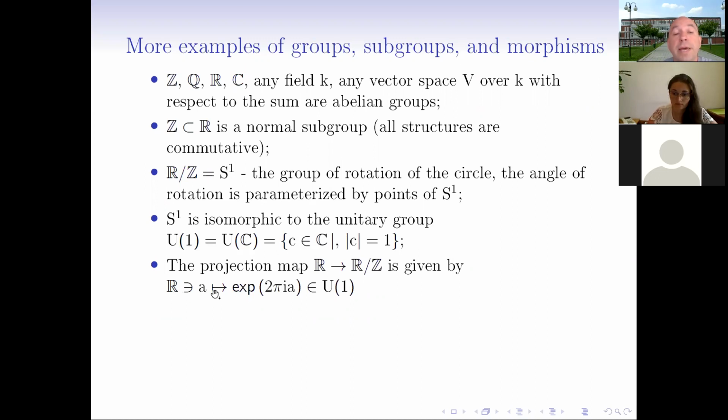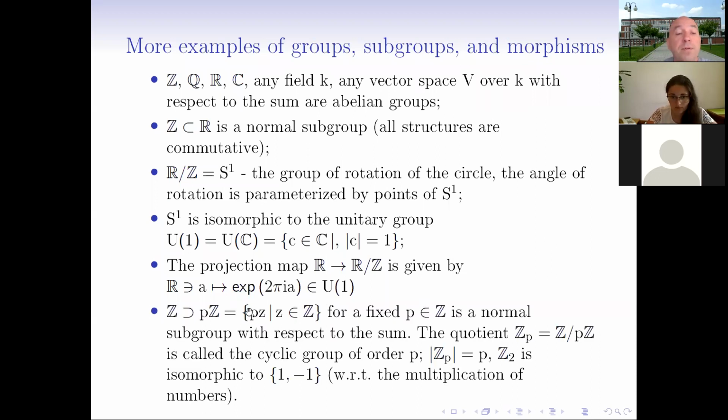We take a real a and then take the exponential of 2 pi i a, and this is an element in U(1), a complex number with absolute value 1. But also the result does not depend on the choice of representative. If we shift a by any integer, we obtain the same element in U(1), because this exponential is periodic.